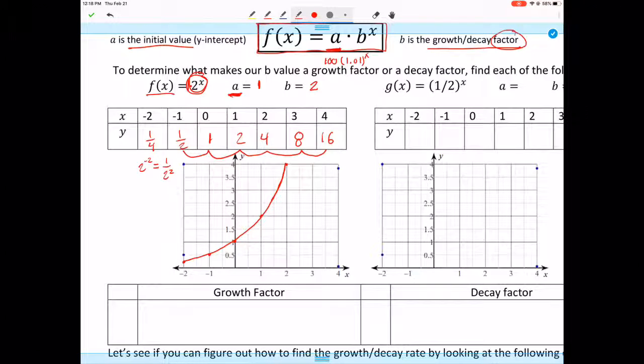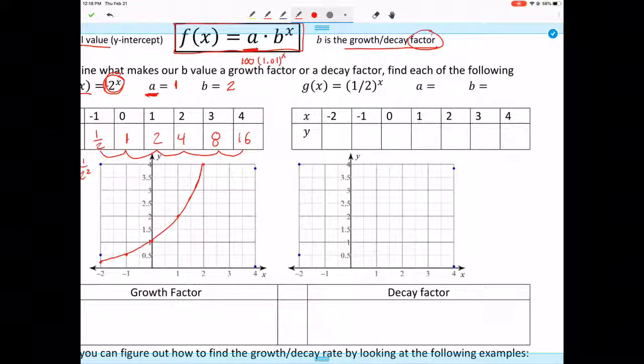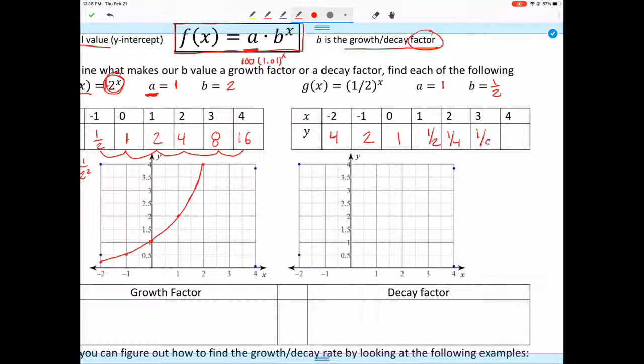Okay, and then the other way is where we have a is 1 but b is 1/2, and you could plug that in and find those things. 1/2 to the -2 is I think it's 4, and then 2, 1, 1/2, 1/4, 1/8, and 1/16. And we could graph that, go here, here, here, here, here, all the way to there.